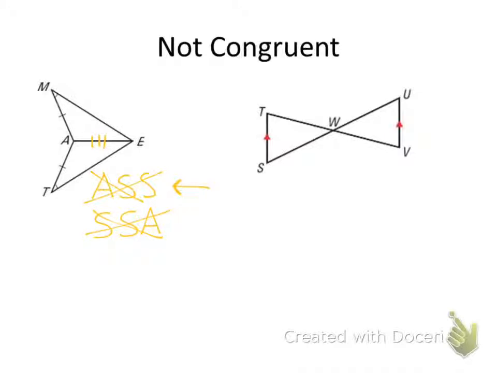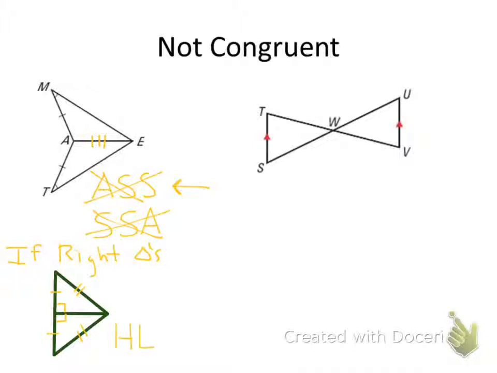Now, something to add to this: if you have right triangles, and if I redraw this, let's say my angle's here and here, it's not angle, side, side anymore, it's actually hypotenuse, leg.